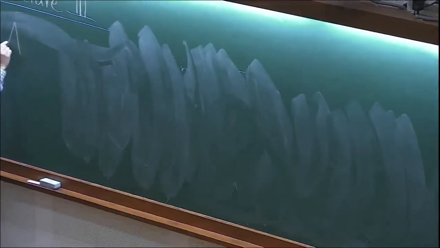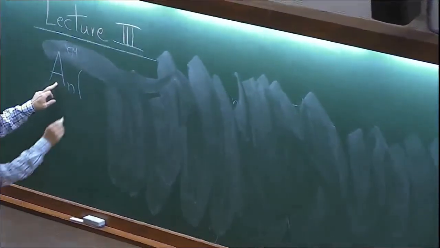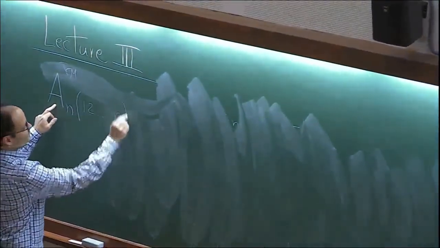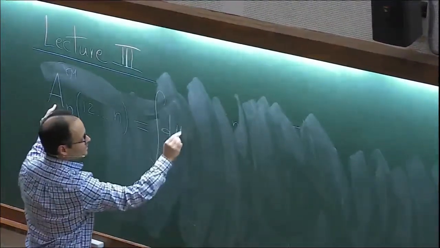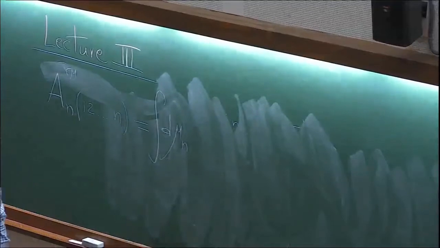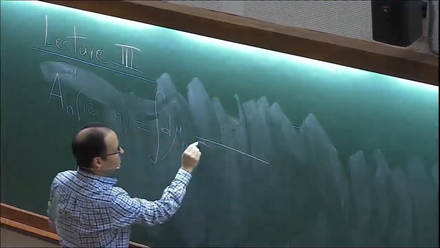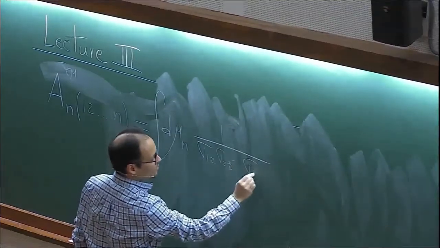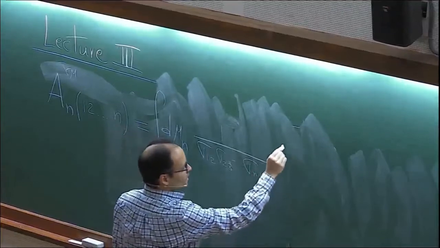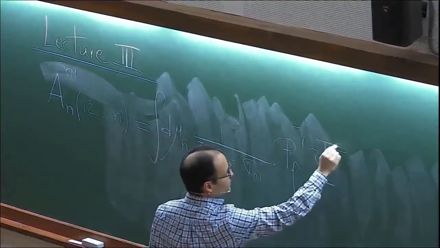So let's write our answer. The partial amplitude with ordering 1 to n is given by the integral with a special measure of the left integrand, sigma 1 2, 2 3, all the way to sigma n 1, times the Pfaffian prime of psi.